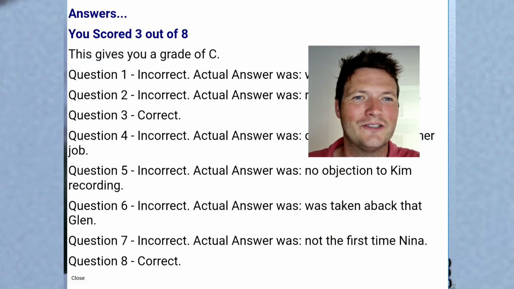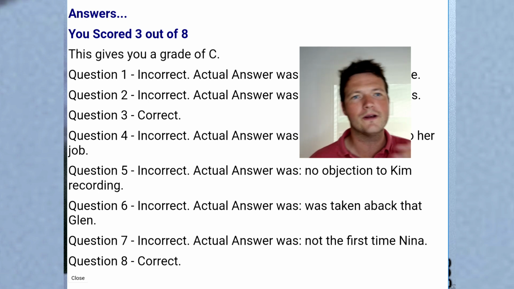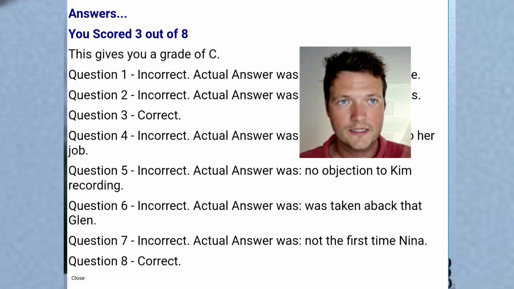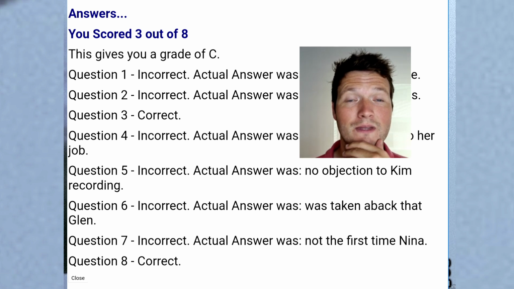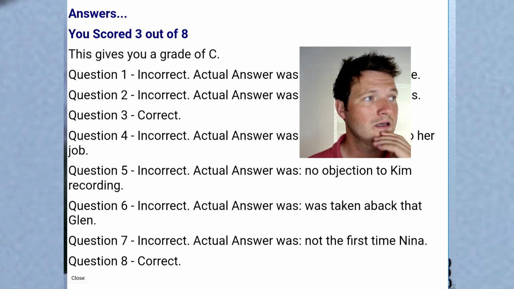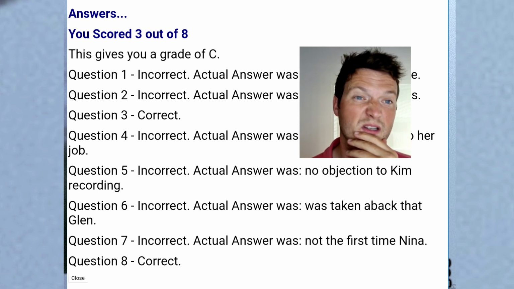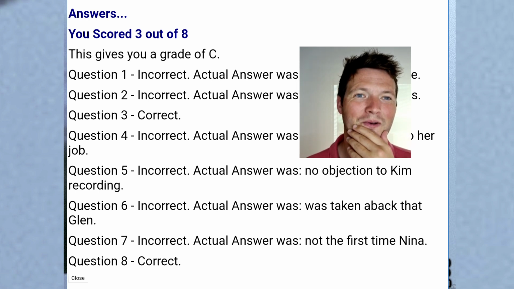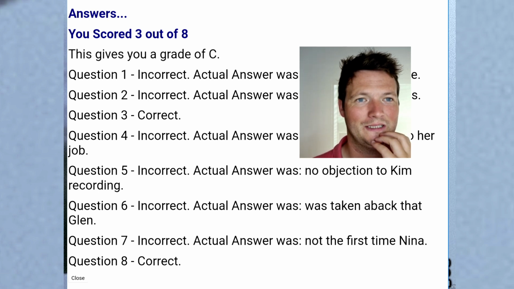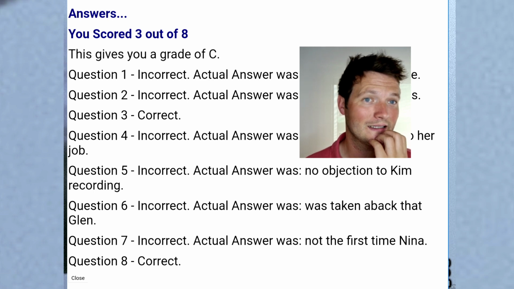It says I've got number 6 wrong as well. "Was taken aback." Okay, fair enough. That was one of the things that came into my head. But to be taken aback and to be taken by surprise, I think mean the same thing essentially. So again, everyone was taken aback, was taken by surprise that Glenn.